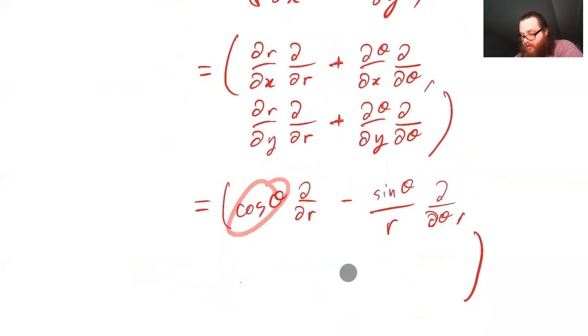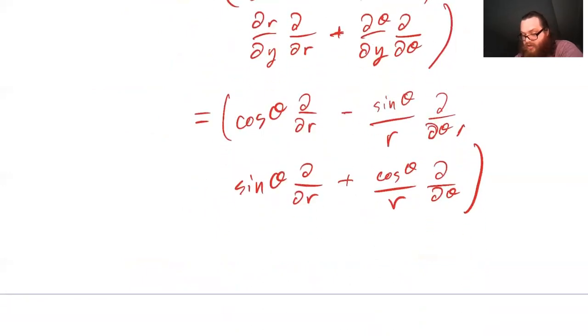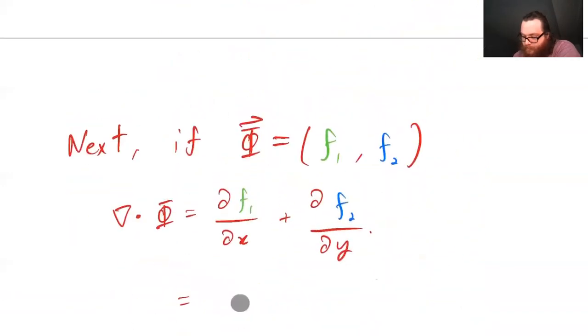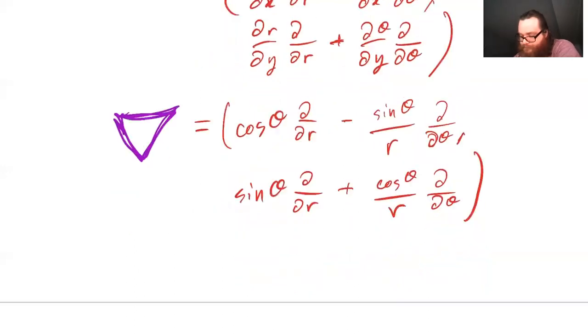And for dθ/dx, we plug in this minus sine theta over r. Okay, so that's the first piece. The second piece is this expression, which you can check. All of this so far is just computation. So that's our gradient operator in terms of polar coordinates, and we got that via the chain rule.